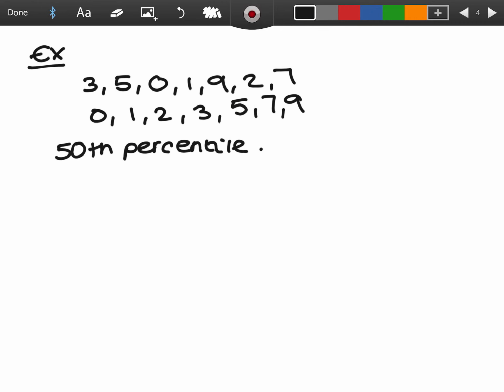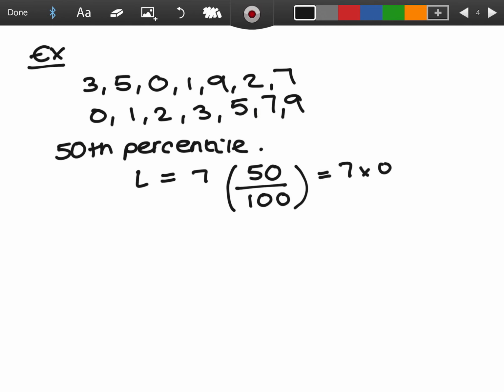To find the 50th percentile, to find its location, I just find L is equal to, now I've got 7 data points here, and I'm looking for the 50th percentile. So that is what my equation is. If I work this out, it's 7 multiplied by 0.5, which comes out to 3.5.